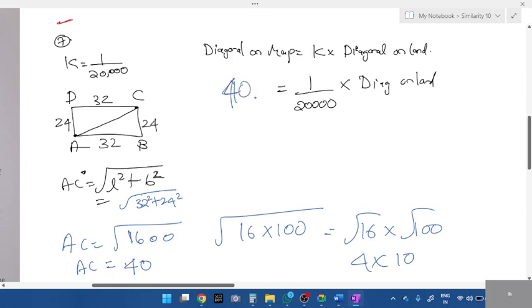40. Is it in kilometer or centimeter? 40 what? Could you convert it to kilometer? Divide by 100, equal to 1 by 20,000. Shift it, you'll get the diagonal value.